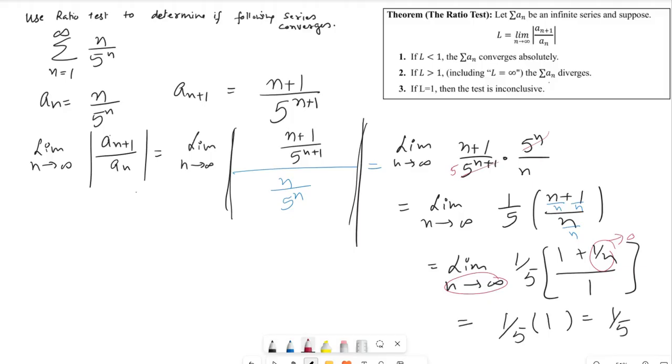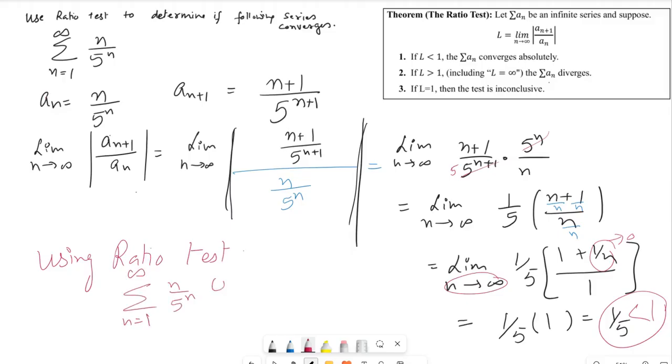Now we need to check if it is less than 1, more than 1, or equal to 1. 1 by 5 is clearly less than 1. So what can we say? Using the ratio test, the given series converges absolutely, because of the first case: if L is less than 1, the series converges absolutely.